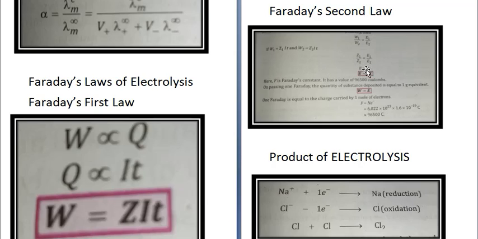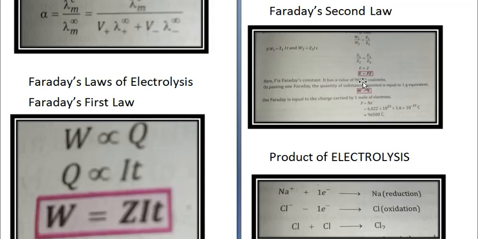So this implies that E is directly proportional to Z, or E can be written as F Z, where F is Faraday's constant and its value is 96,500 coulombs. So on passing 1 Faraday, if F becomes 1, then W will be equal to E. The quantity of substance deposited is equal to 1 gram equivalent.